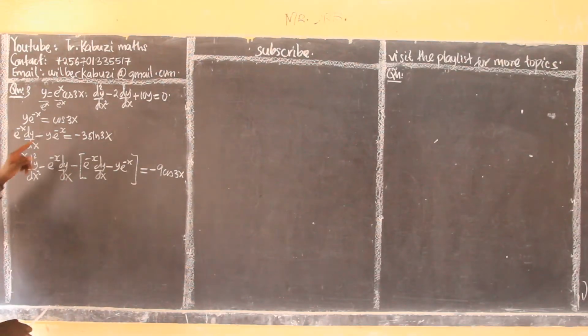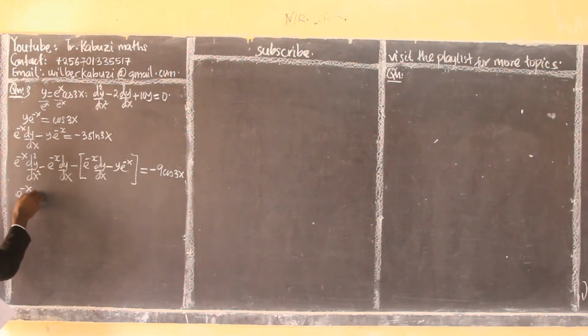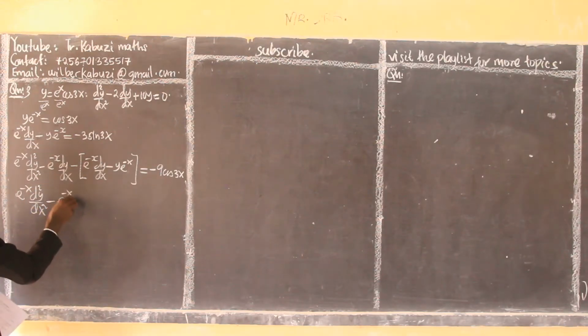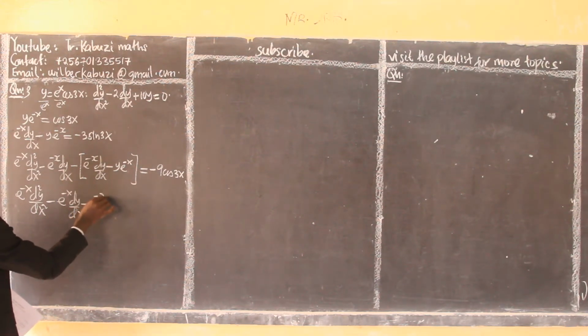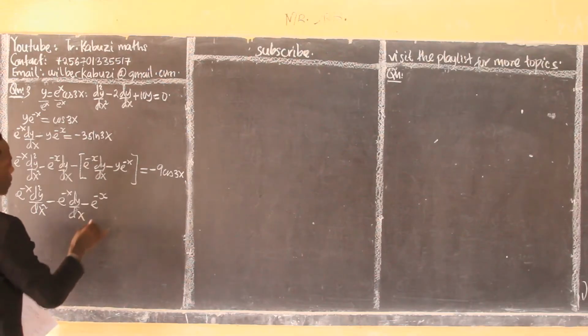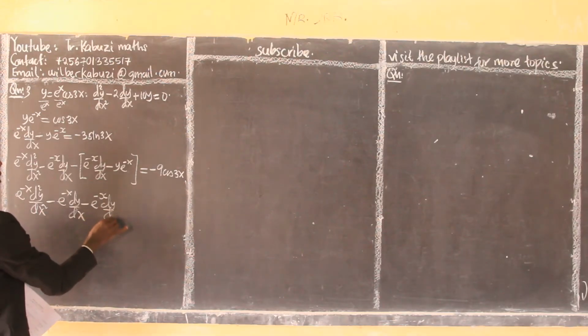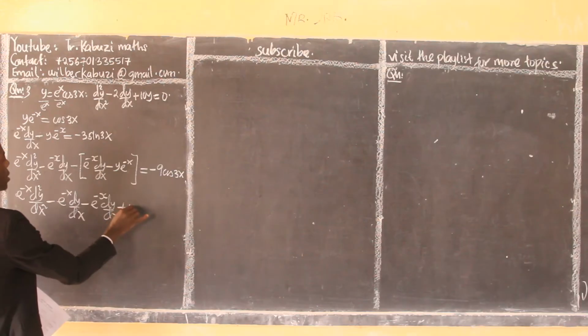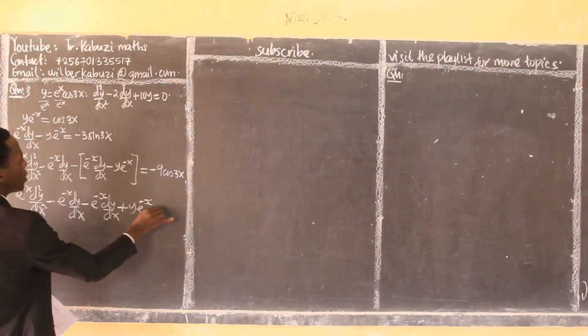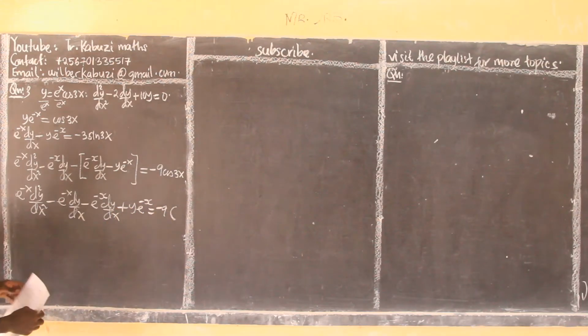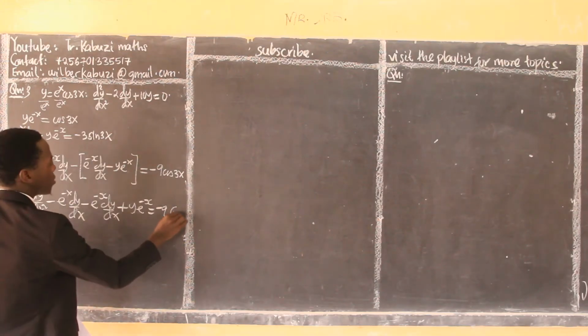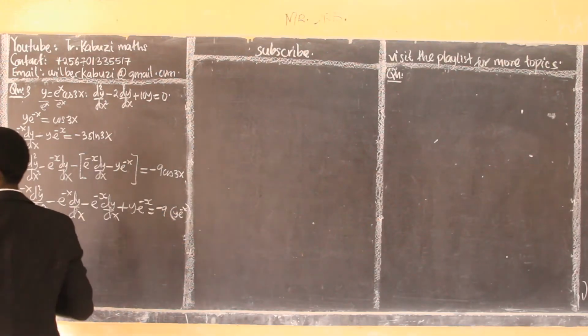Now cos 3x, I know what it is, so I just simplify there. So e^(-x) d²y/dx², minus dy/dx, minus dy/dx, plus y e^(-x) equals negative 9 times cos 3x, which is y e^(-x).